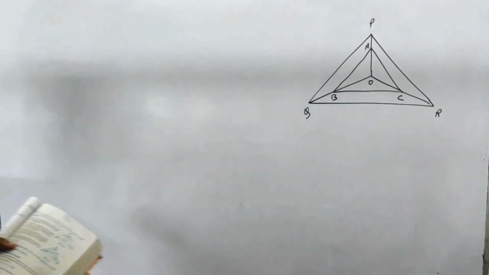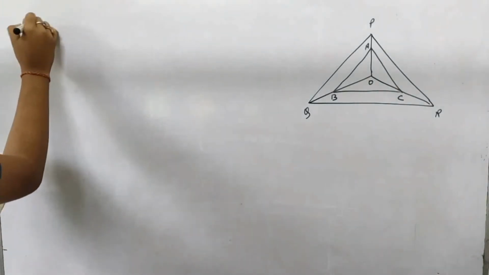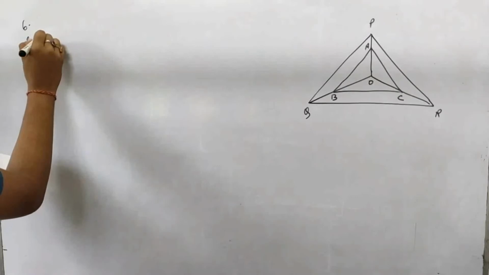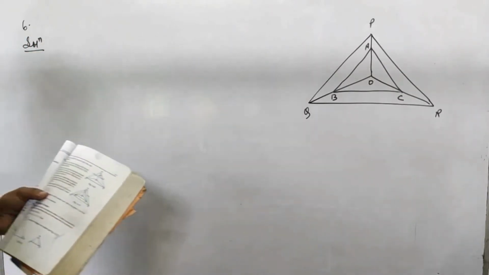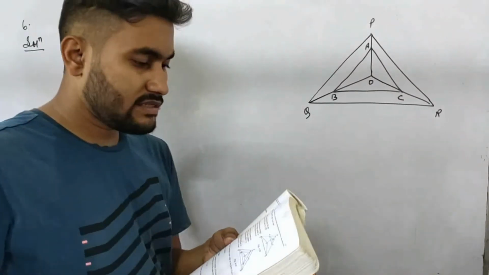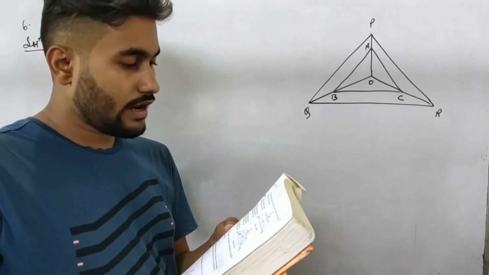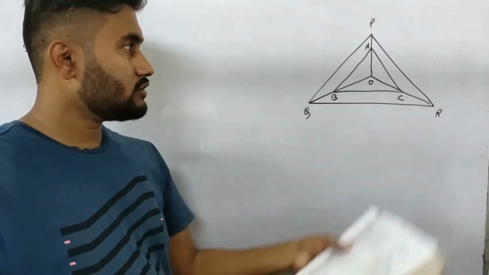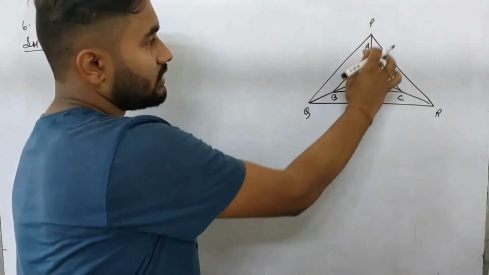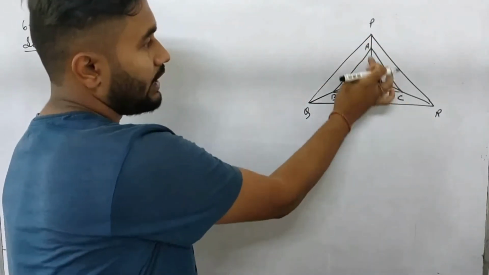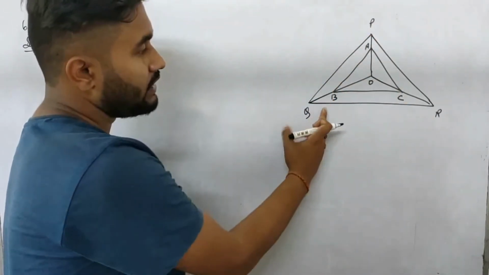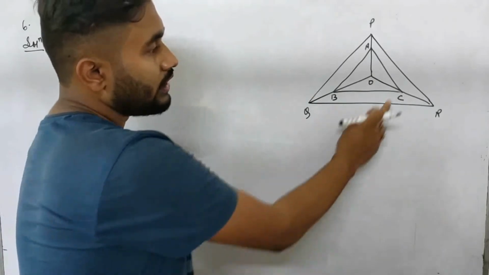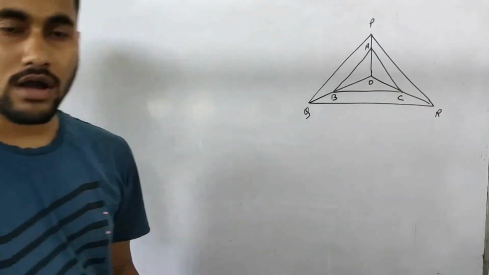So write the given part, what is given in this question, question number 6. Solution. What is given? In figure 6.21, A, B, C are points on OP, OQ and OR. A is on the side OP, B is on the side OQ and C is on the side OR.